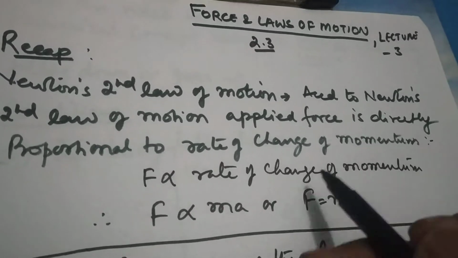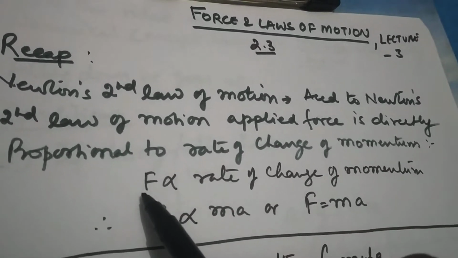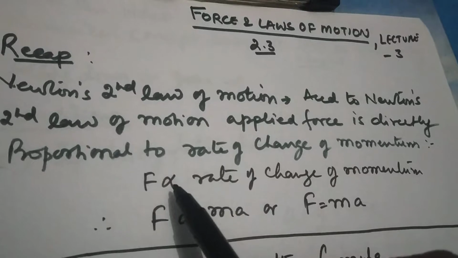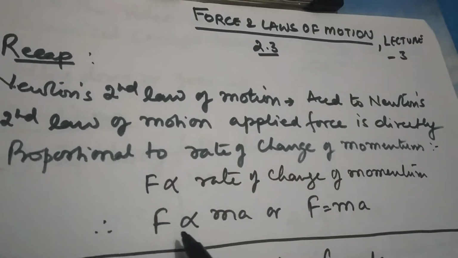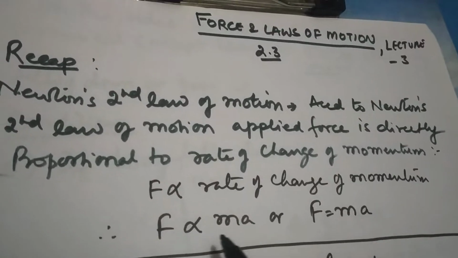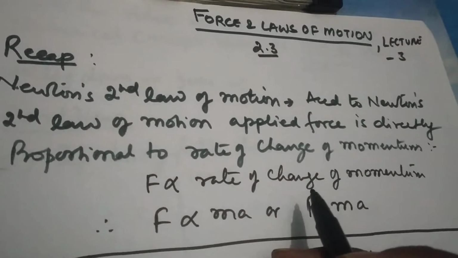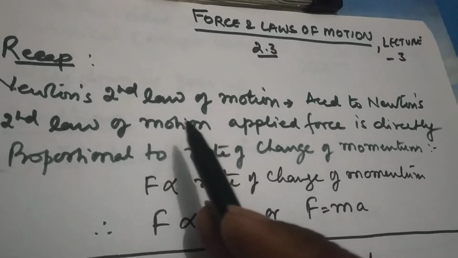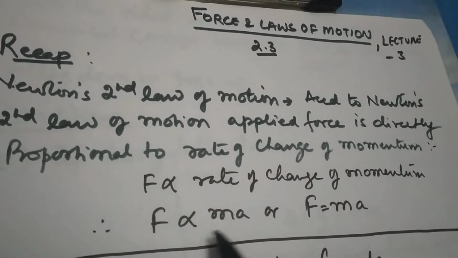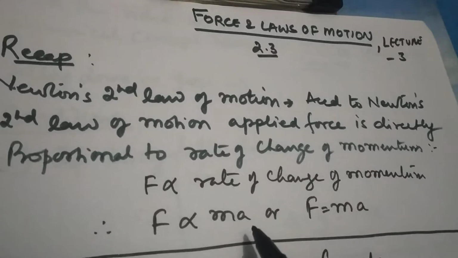You have seen that this gave the formula F = ma, and we explained the whole derivation in the last lecture. From that law you got a new formula for the force, that is F = ma.